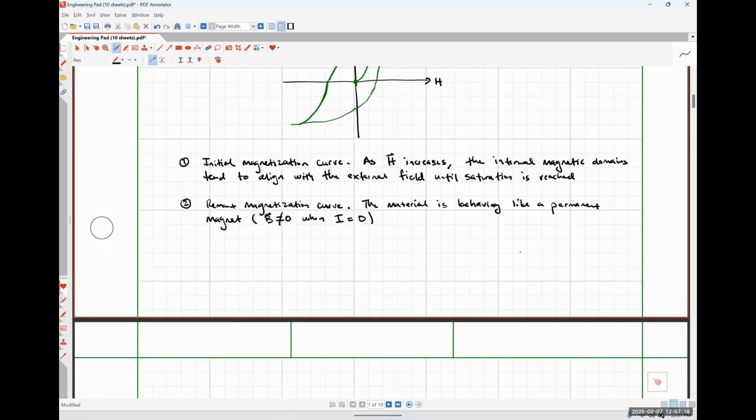So this is what we're going to call the coercive magnetization curve. And here we are applying a current to remove the remnant magnetization.